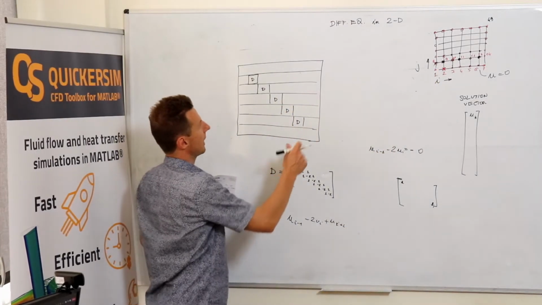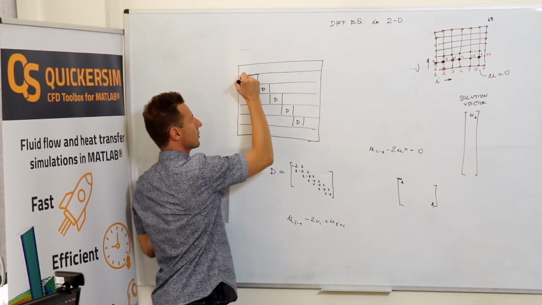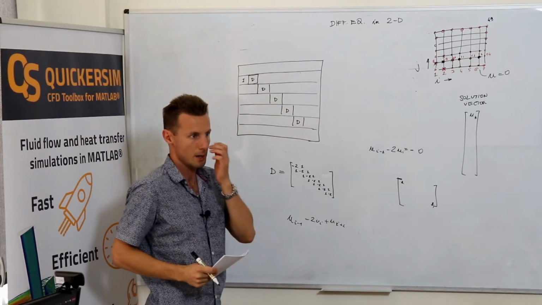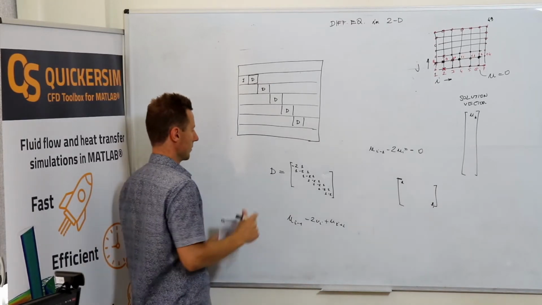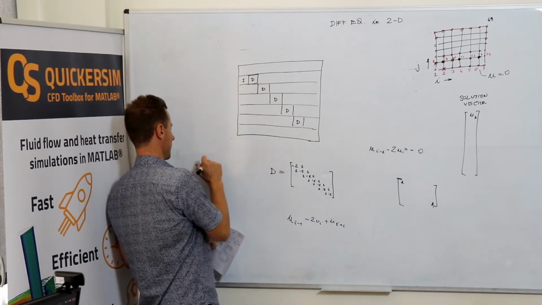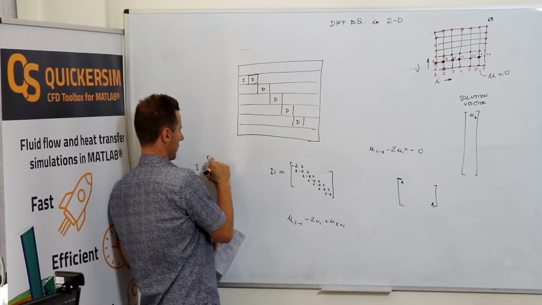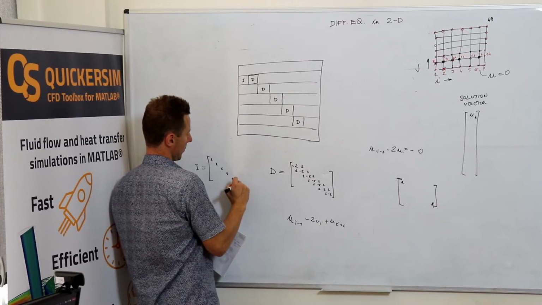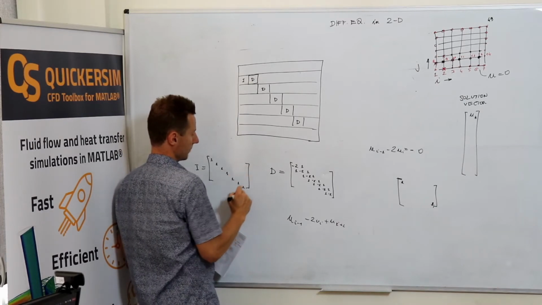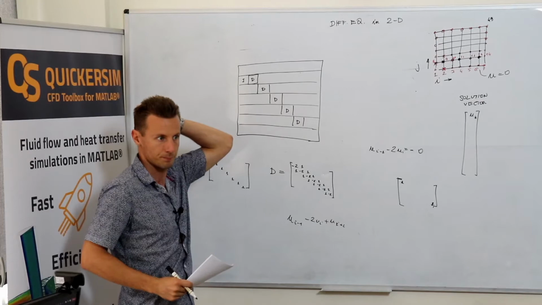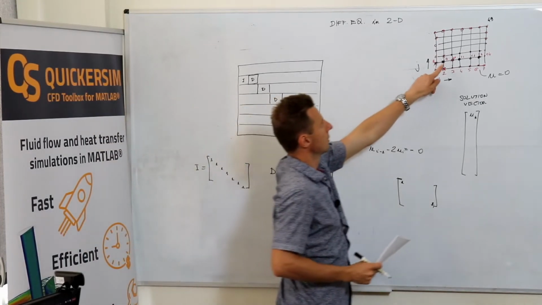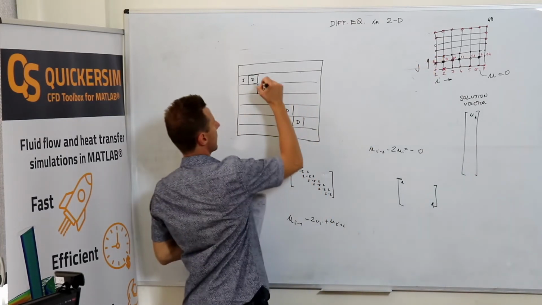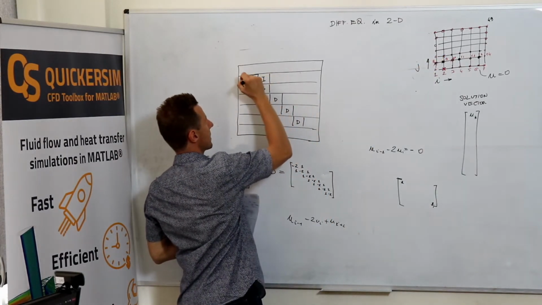This means that we need to introduce one additional matrix, the identity matrix, which is nothing else like 1, 1, 1, 1, 1, 1, 1. Okay? And we need to go one line higher. So again, we have the identity matrix here.